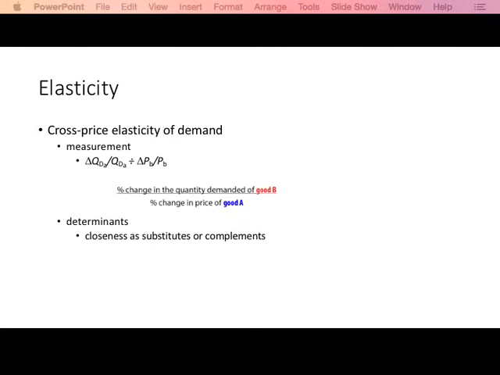Okay, now the next concept is cross price elasticity of demand. Notice that here it's a slightly different formula, but it's arc elasticity again. We will use the arc elasticity method.